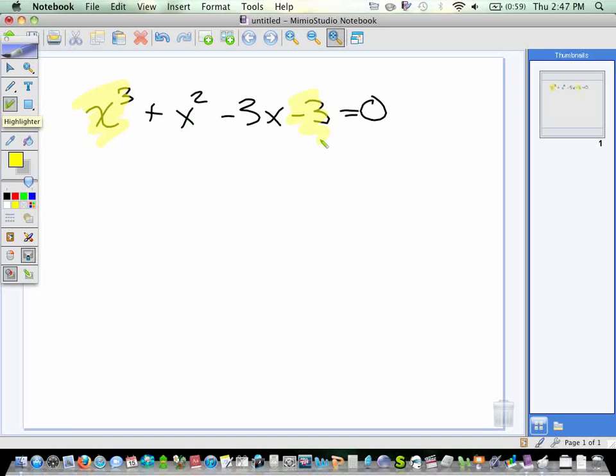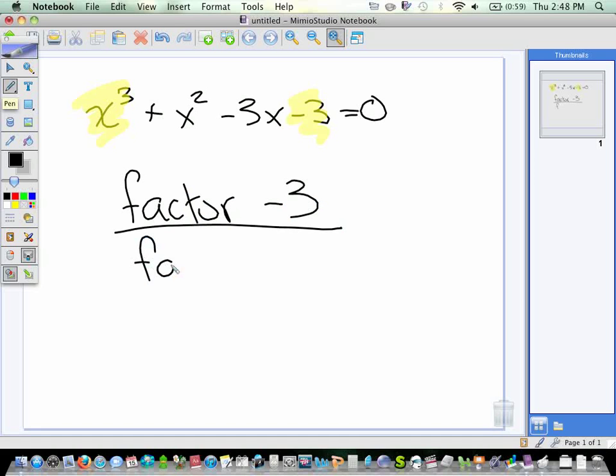What we need to do to be able to find this value is choose a value for x that's going to be a factor of our constant and a factor of our leading coefficient. So if you look at that, we've got a factor of -3 divided by a factor of 1. Well, there's a few options.